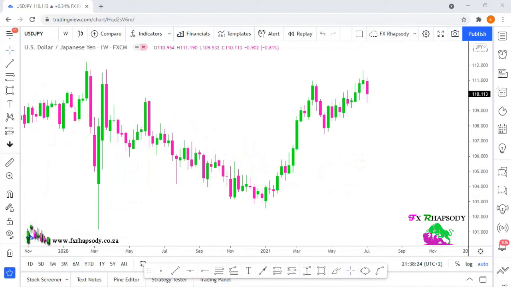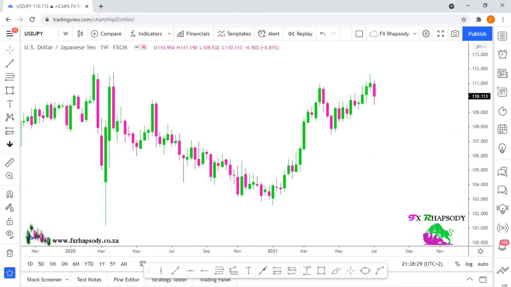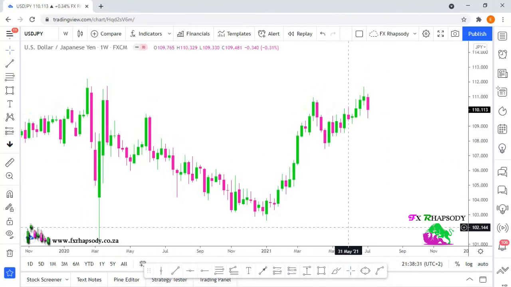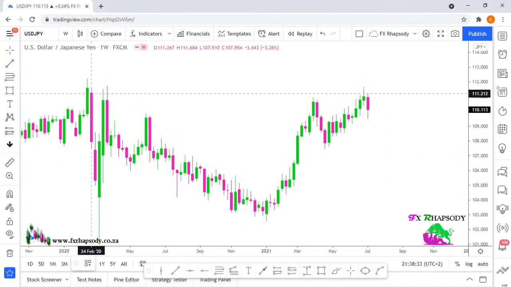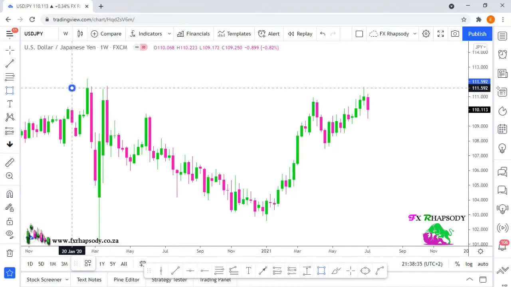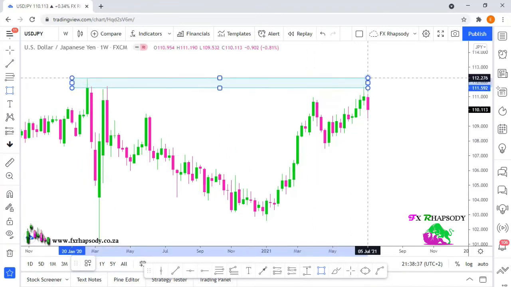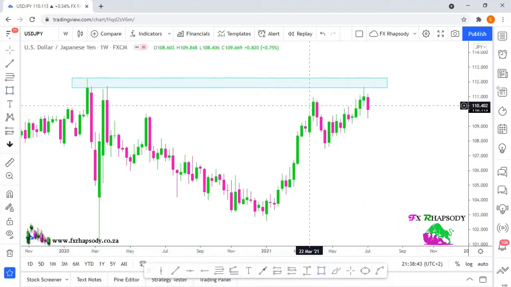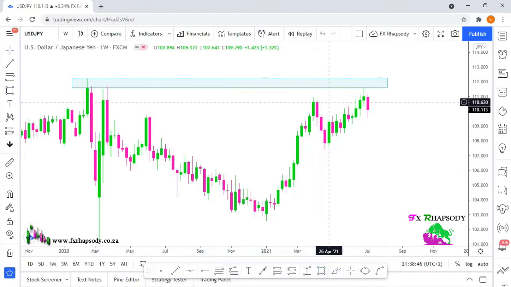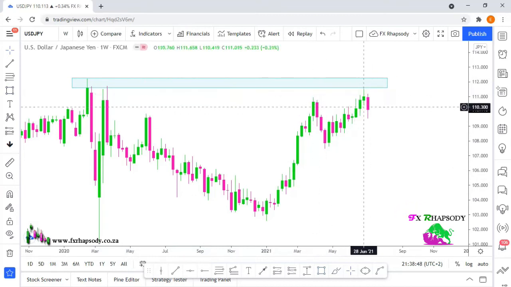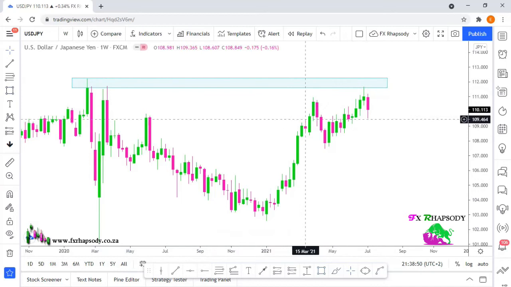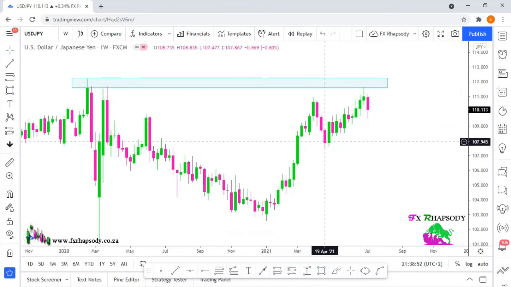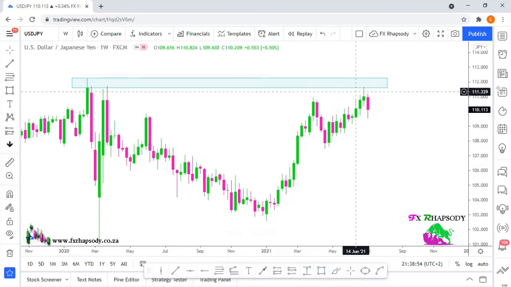So what is the weekly showing us? So the weekly, from the top, what we have here is we're looking at the top high. This is the one that we are concentrating on. Okay, this high over here, the liquidity has been taken out, so we can see this lower low, lower high, higher high, higher low, higher high forming over here.